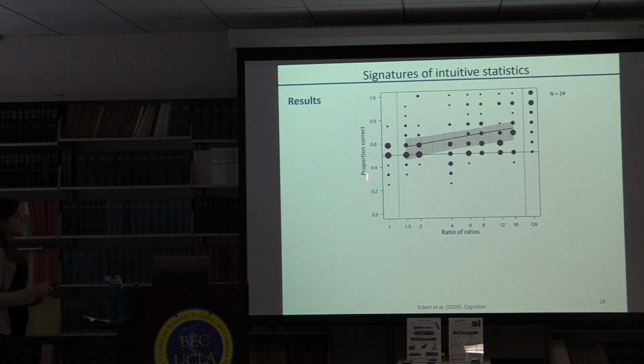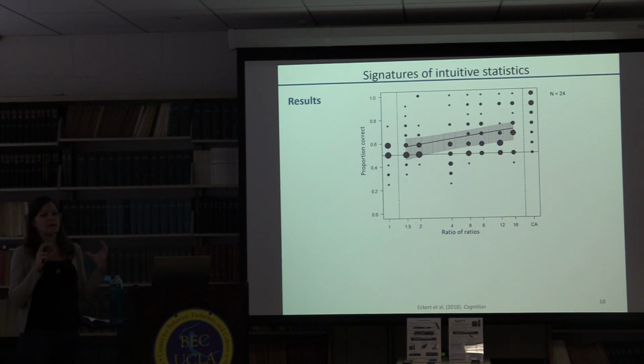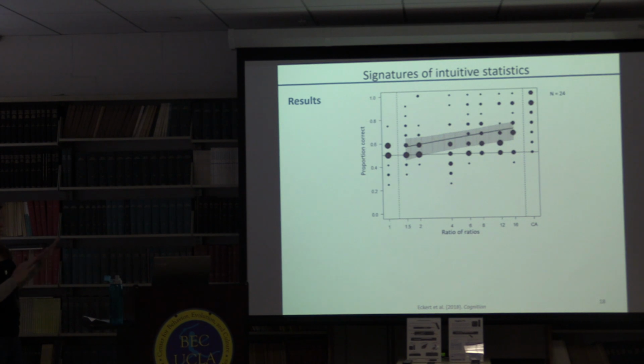This is the proportion of trials in which chimps were correct in the different ratio of ratio conditions. And this is a bubble plot, so the size of the dots represents the number of individuals performing on the same level. Okay, now I would like to guide you through this graph step by step. So first, you can have a look at this here. This is the ratio of ratio 16 condition.